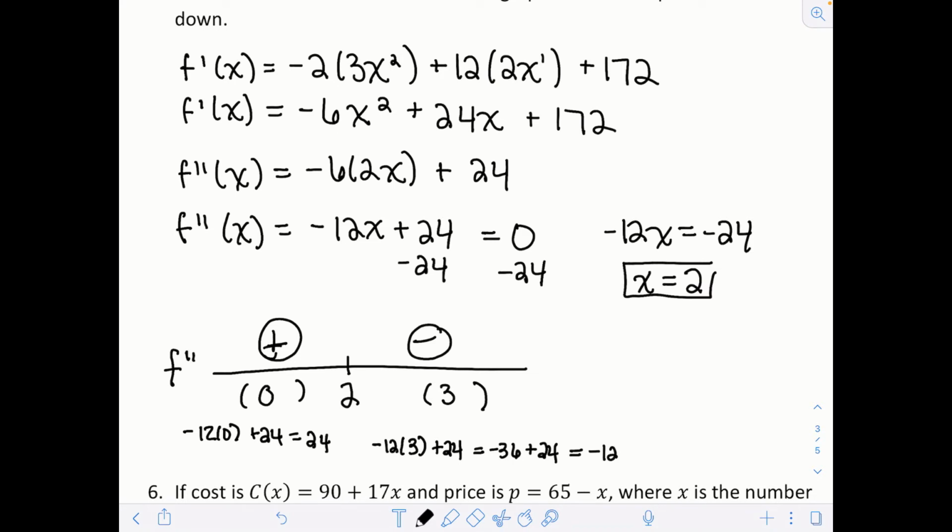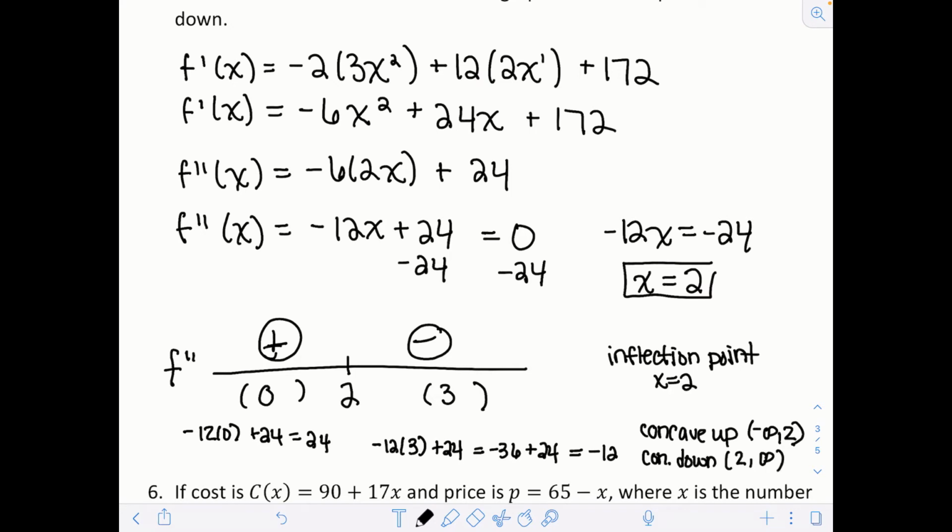So now let me write all of our final answers here. So there's an inflection point at x equals 2. And it's concave up on that first interval, so that would be negative infinity to 2, and it's concave down from 2 to infinity.